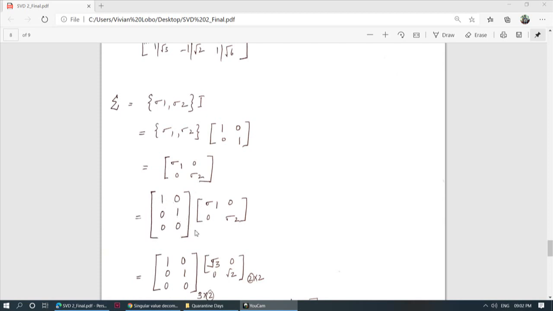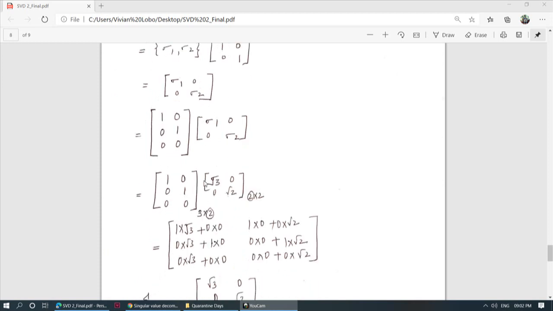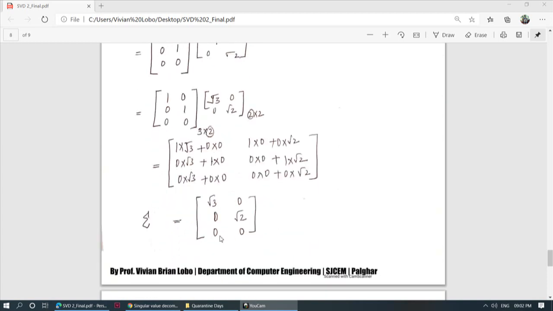If you see diagonally, if we place 1, 1, then it is a 3 cross 3 identity matrix. But because the value of A is 3 cross 2, identity matrix values also will be taken as 3 cross 2. We know sigma 1 and sigma 2 values, which is nothing but square root of lambda 1 and lambda 2. We will perform matrix multiplication of these two matrices and get the summation value.